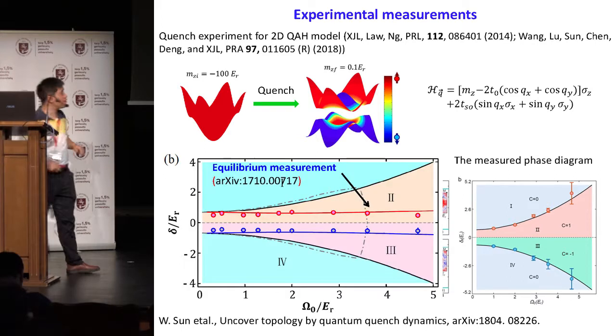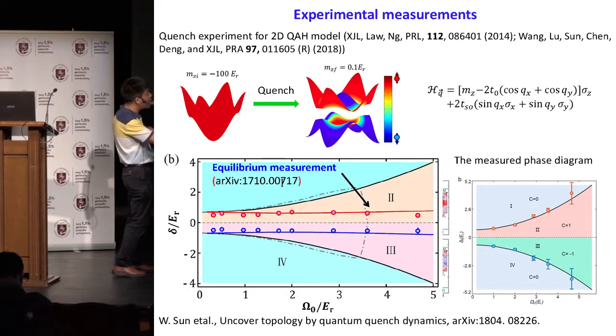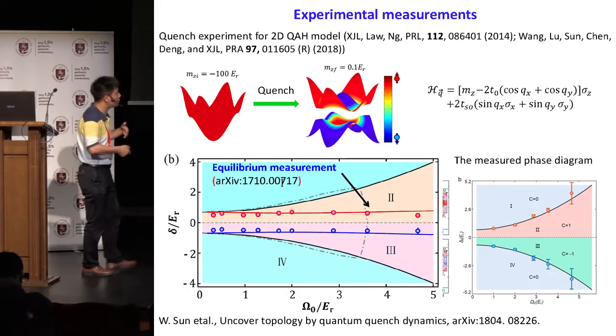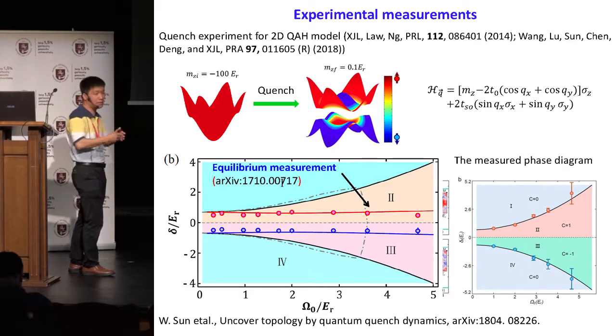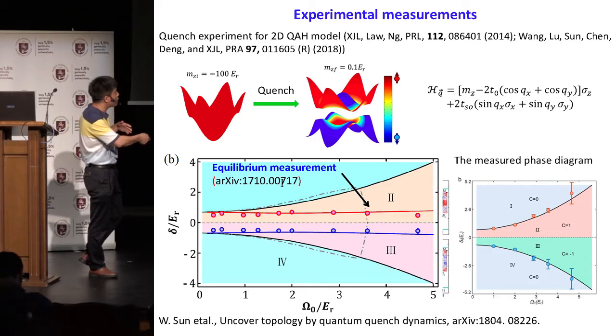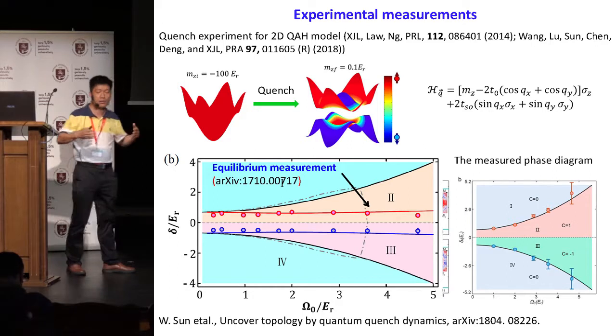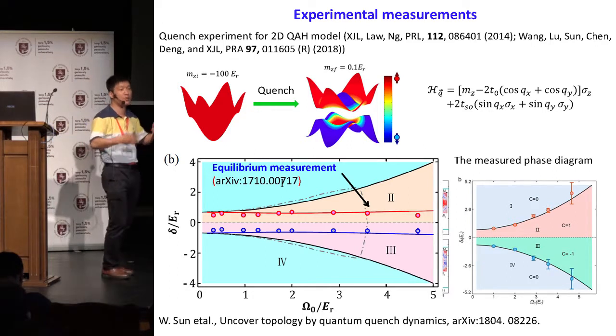One thing I want to emphasize is that this measured phase diagram is highly consistent with the theoretical prediction. You can see this is the experimental result, and the solid curve is the theoretical result. They are highly consistent, which means that we can use the dynamical classification to measure the phase diagram with high precision.